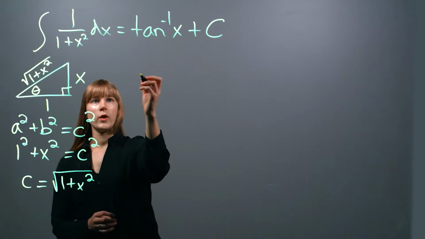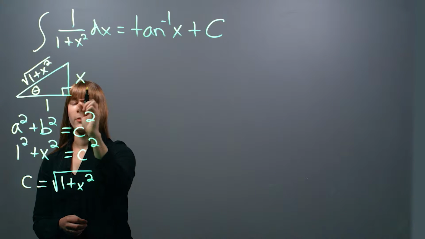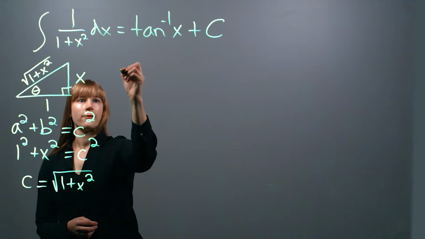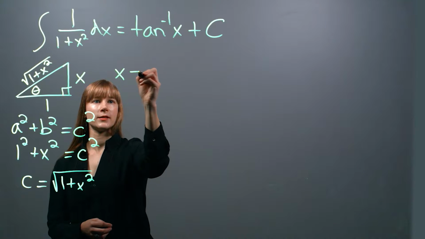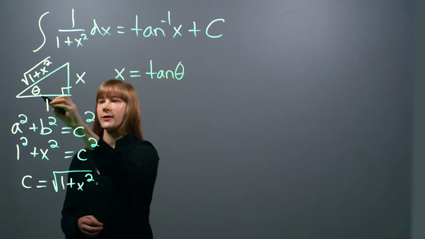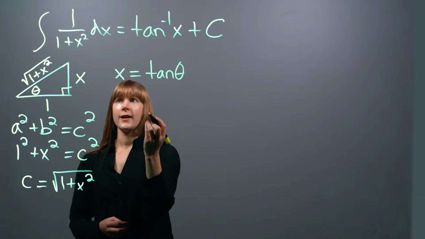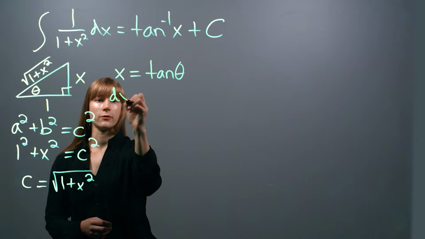So that's great. We are going to use a substitution. So thinking about my right triangle, if I think about my SOHCAHTOA, I can see that x equals the tangent of theta, opposite over adjacent. So then I can make my differentials.